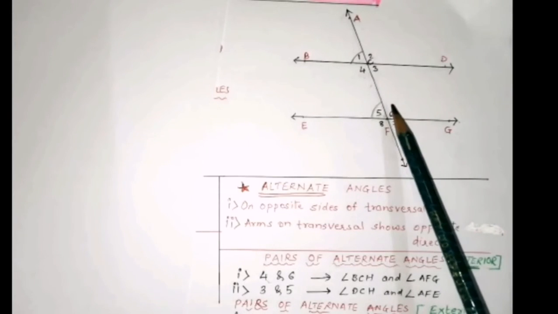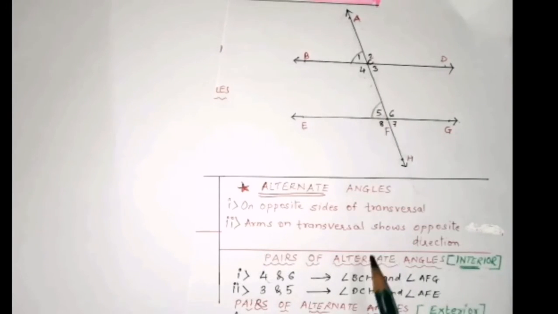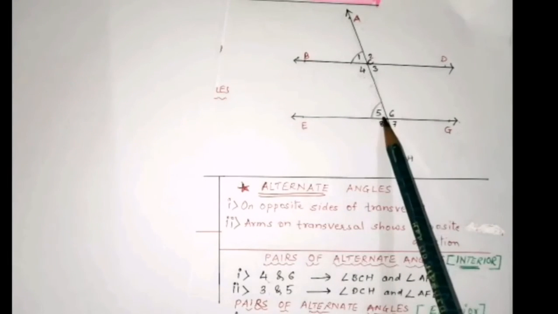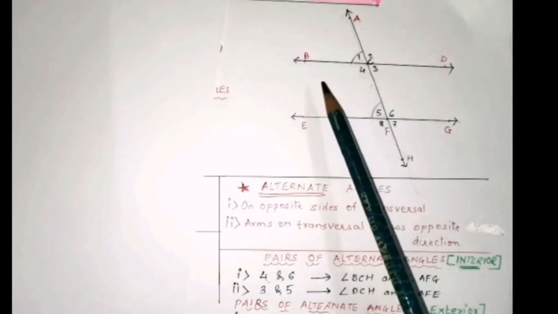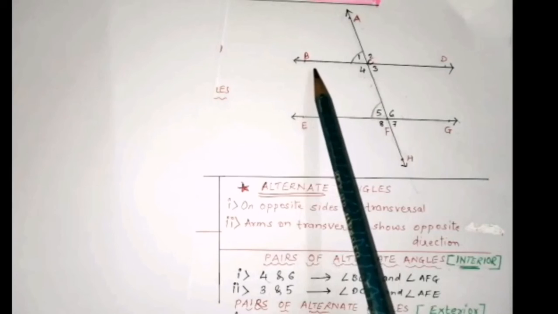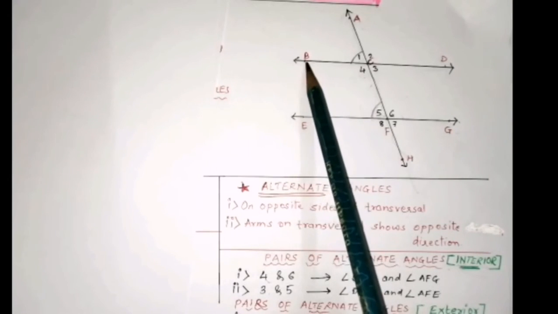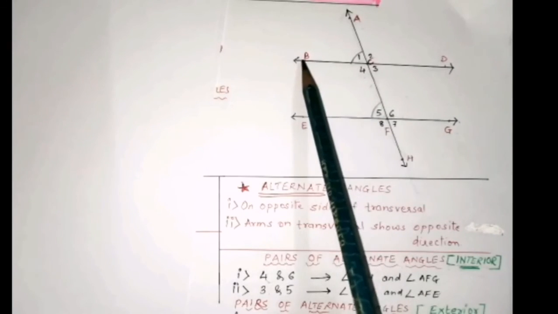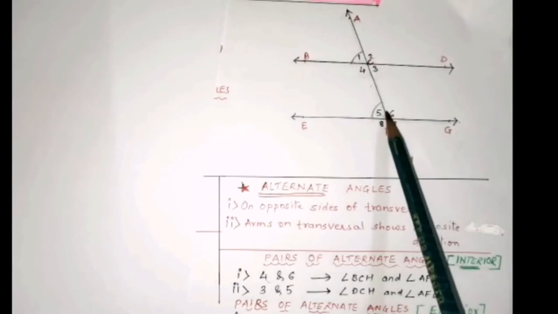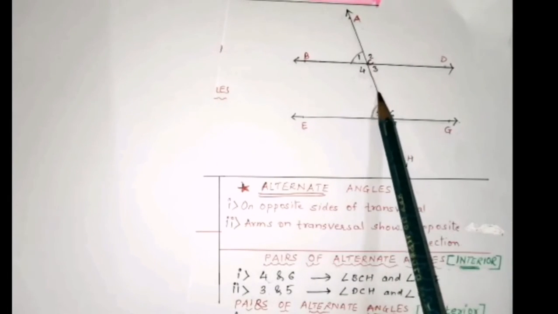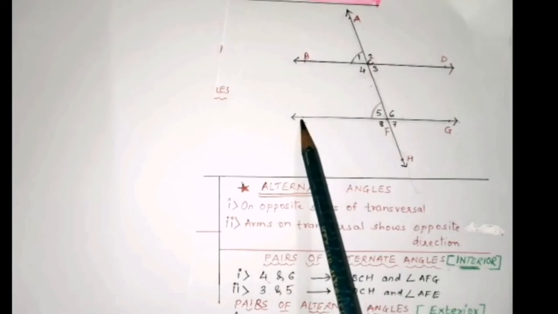Okay, so this is one pair of interior alternate angles. Same way angle 3 and 5, opposite side of the transversal. Its speciality is that it forms Z shape. See, angle 4 and 6, if we join, we get Z shape. Angle 3 and 5, here also Z shape.